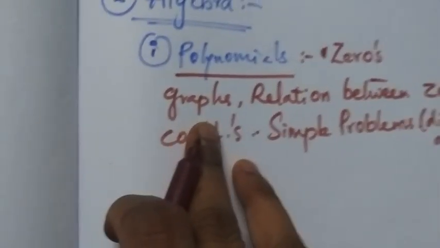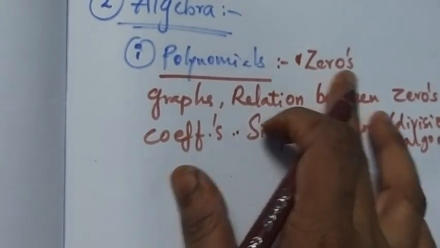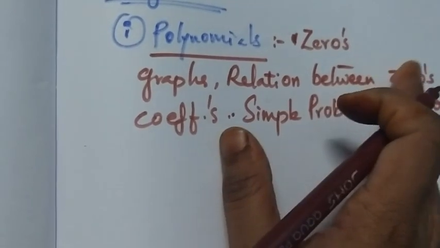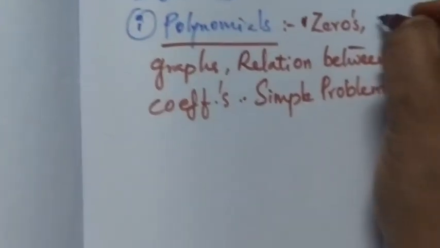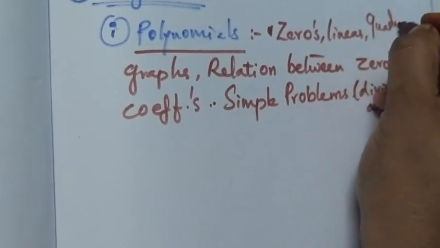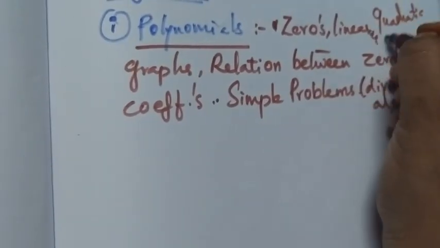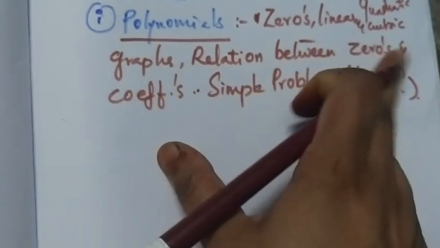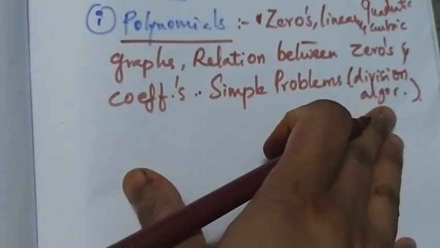Here, the topic on zeros is the geometrical meaning of zeros of linear, quadratic, and cubic polynomials using graphs, the relation between zeros and coefficients, and simple problems.